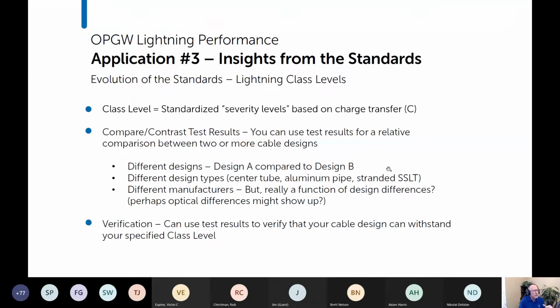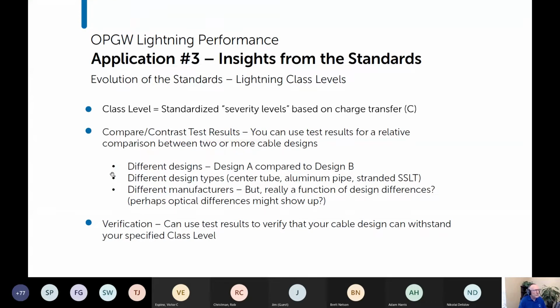So for example, you at a utility could have a list of requirements, and maybe you want to compare the performance of a center tube versus an aluminum pipe type design. You can do that. And maybe based on your specifications, one manufacturer might quote a center tube design and another one might offer you an aluminum pipe. Well, if you've done the test, then you can compare the performance of the two.